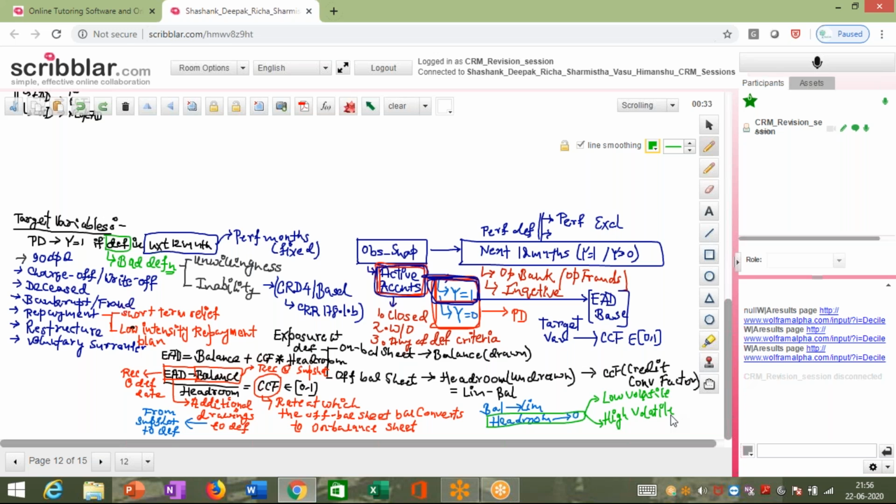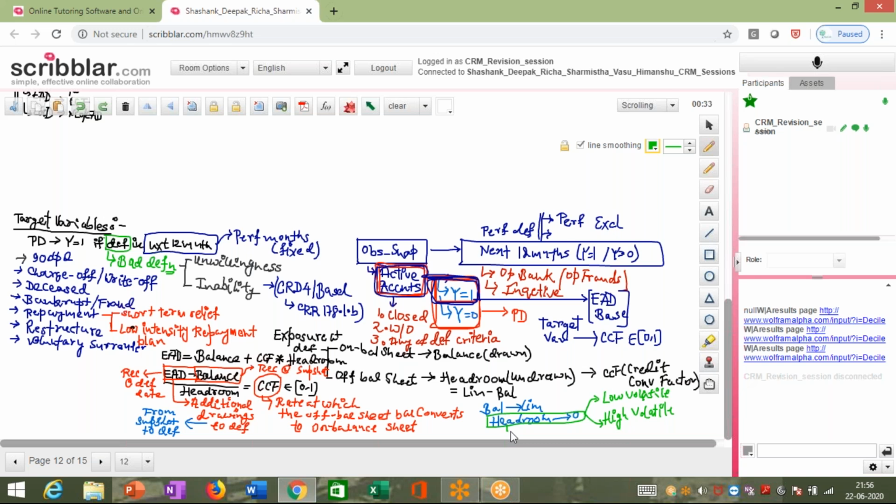Now, if the portfolio is such that there are not many very high intensity users and the headroom has not gone immaterial. So when I say tending to 0, what I mean is the concept of immateriality. Is there a case where the headroom literally becomes immaterial?